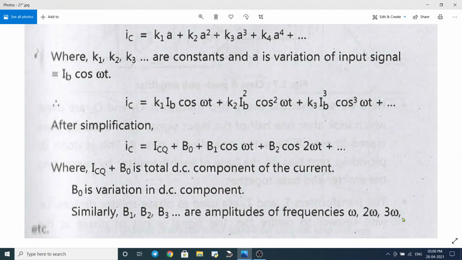Remember, these are the harmonic frequencies, and therefore the distortion is called harmonic distortion.